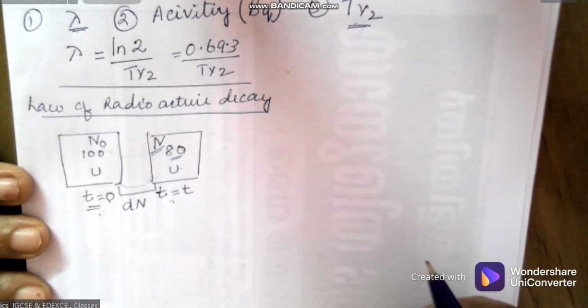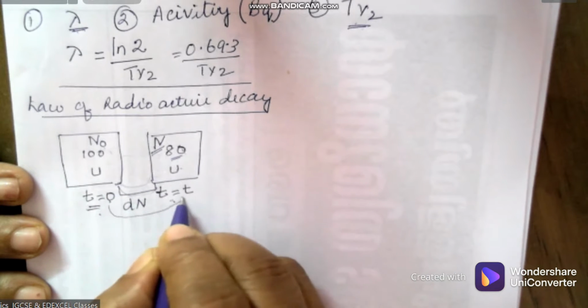And how much have decayed? The difference between them, that means 20, is dN. How many have decayed? In this example, it is 20, in a time dt.